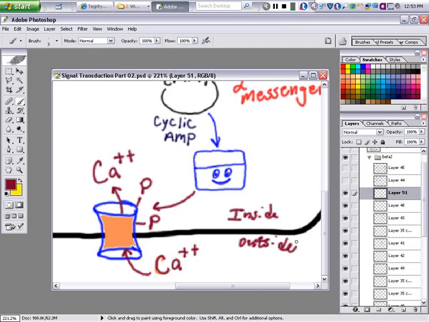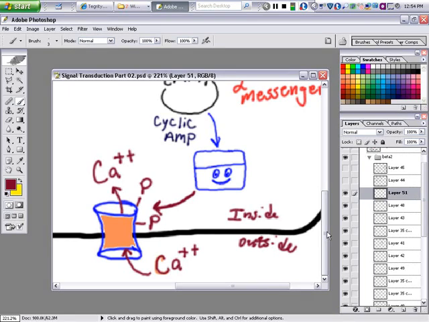Now we have to give a name to this protein. Well, let me ask you all something. Let's go back up here. What is the name of a protein that cuts off a phosphate, that takes a phosphate away from something? It ends with ACE.